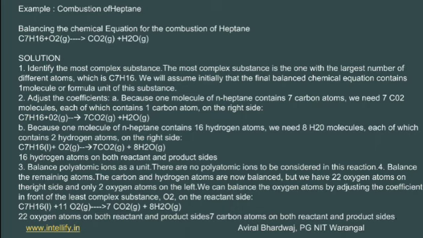The total is 22 oxygens on the reactant and product side. So C7H16 plus 11 O2 gives 7 CO2 plus 8 H2O. So this is the answer.